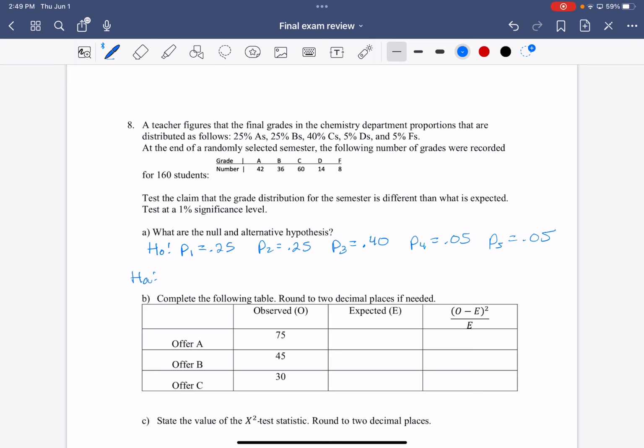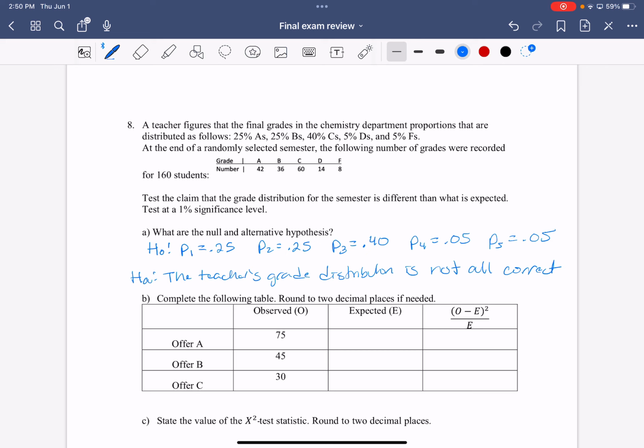Then for the alternative, we'll say that the teacher's grade distribution is not all correct. We're thinking that at least one of them is off. So we could write it like that, at least one of the teacher's distributions is not correct. When doing the alternative, it has to be within the context of the problem.